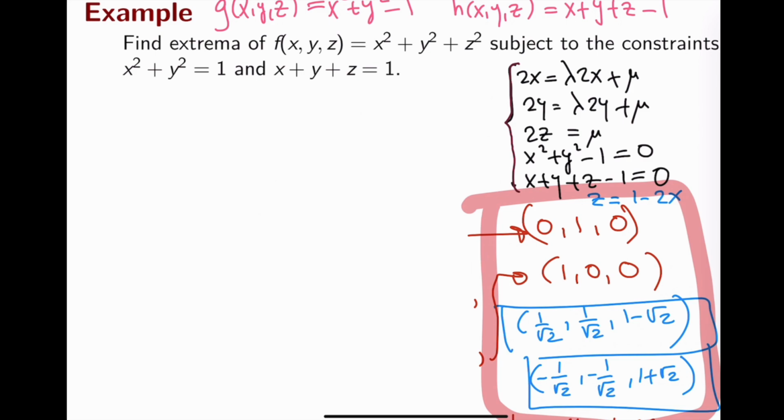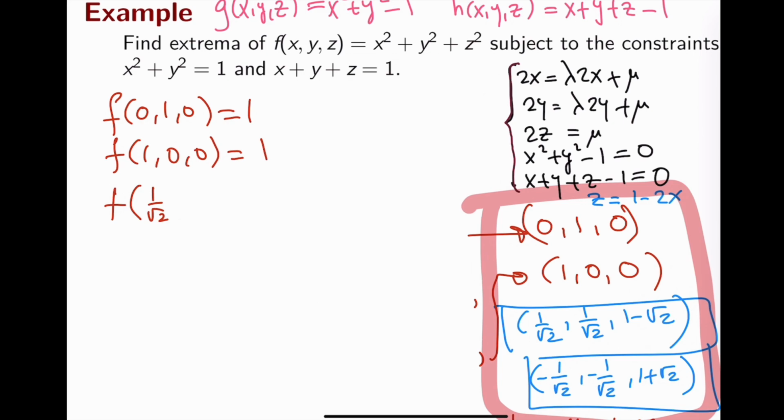So let's start. If we evaluate f at 0, 1, 0, so remember the function is this one, we have to plug in the values of x, y, z, so we're going to have just 1 in this case. If we evaluate the function at 1, 0, 0, we get also 1. So now if we evaluate the function at this point, 1 over root of 2, 1 over root of 2, 1 minus root of 2, we have to do the square of each one, right?